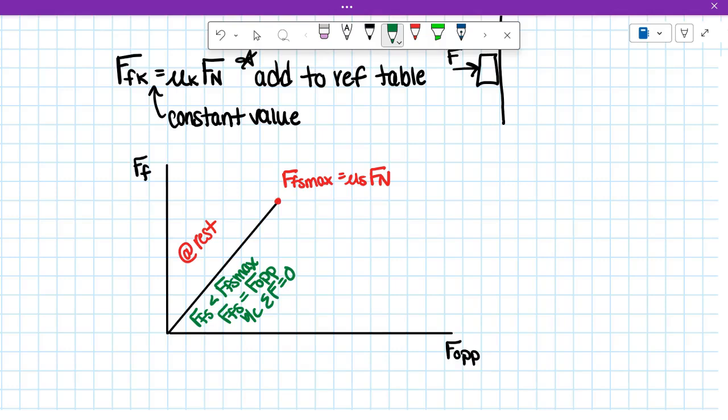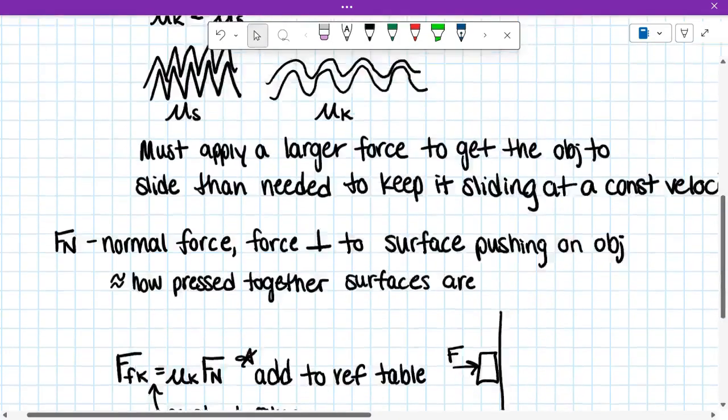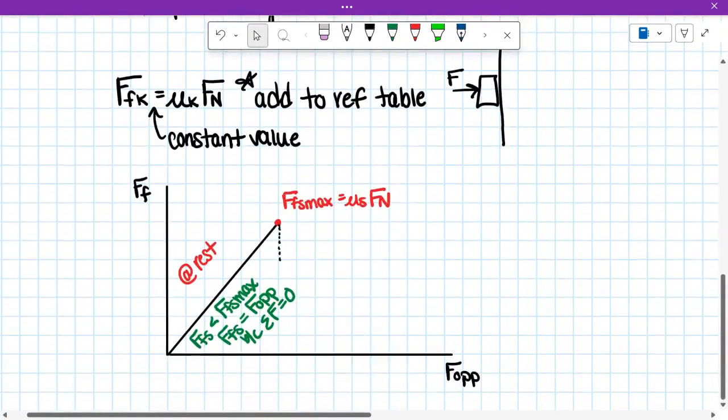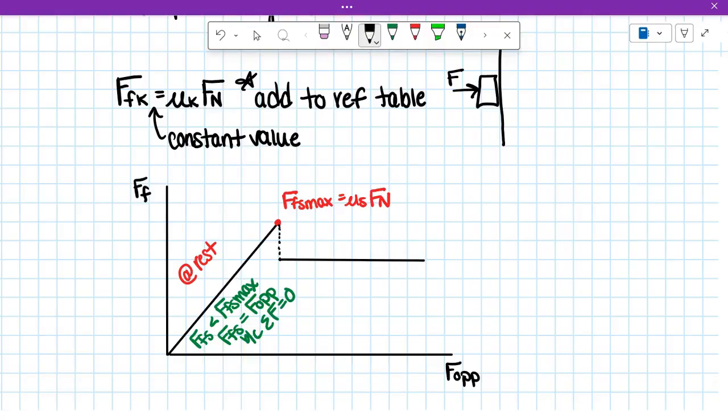Once we reach that maximum static friction force, the force of friction value drops down because now we're dealing with the force of kinetic friction. And like I said, the force of kinetic friction is going to be less than the maximum force of static friction because the coefficient of kinetic friction is always less. So the force drops down, and no matter the applied force, stays at a nice constant value.